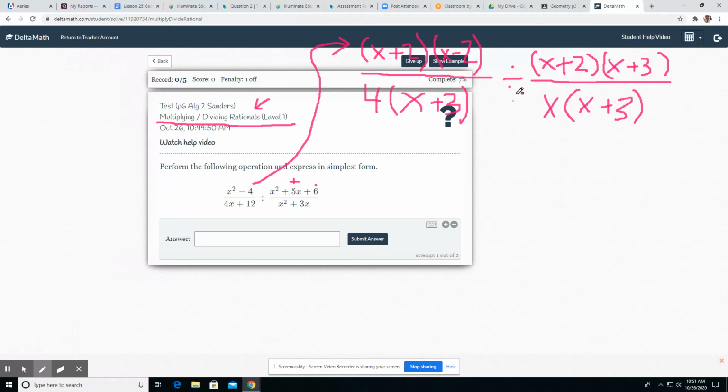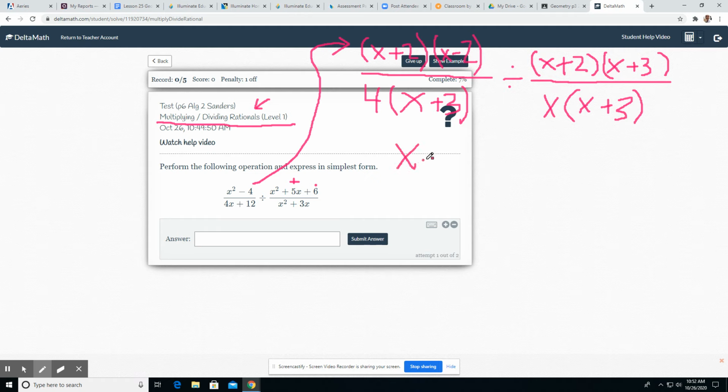Then the rule is you can never divide fractions. You can only multiply them. So I'm going to switch that to a multiply, and then the rule is we flip the second fraction. So we take the reciprocal of the second fraction and change it to multiply.